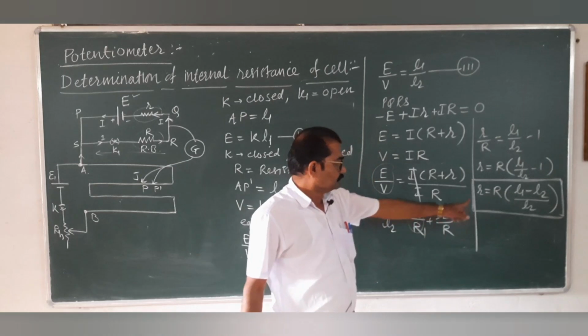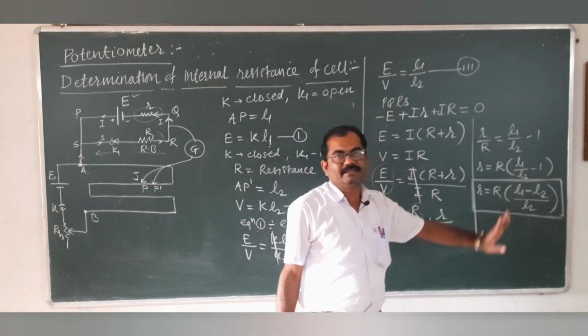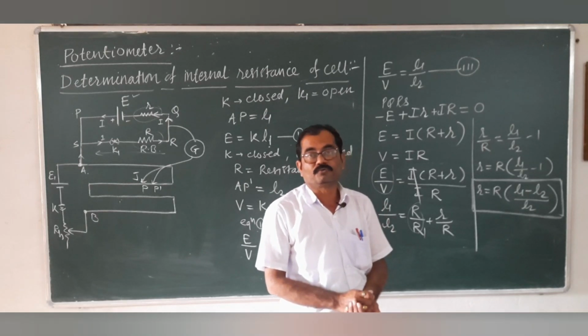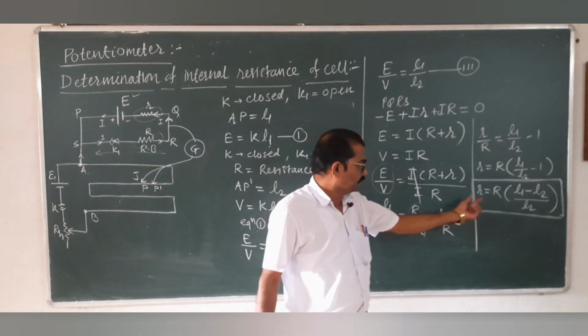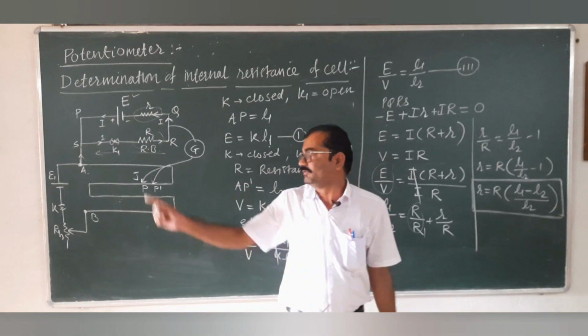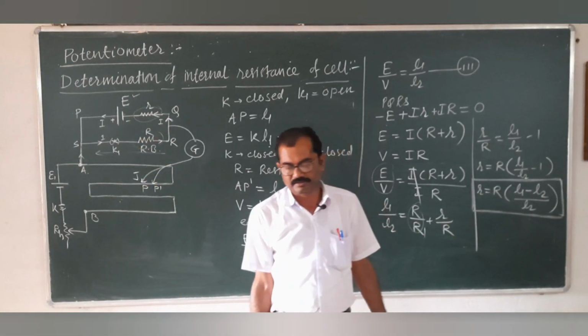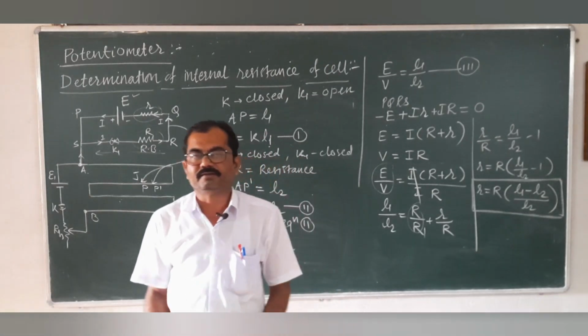Okay, this L1 is the balancing length for the EMF of the cell, L2 is the balancing length for the potential difference of the cell. So therefore R is the resistance which is selected from that resistance box, and by using that relation we can determine the internal resistance of the cell.